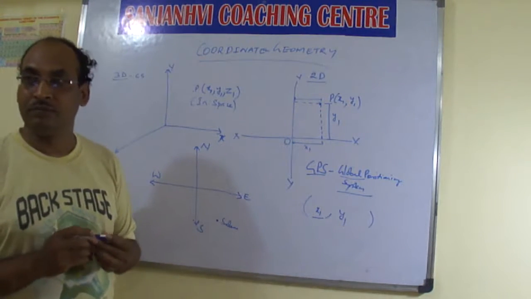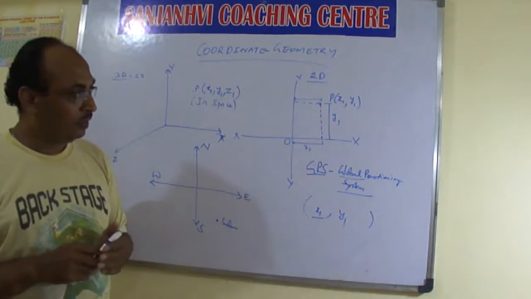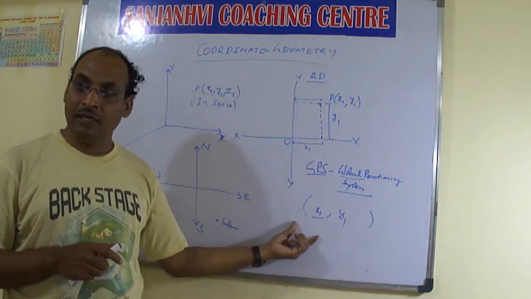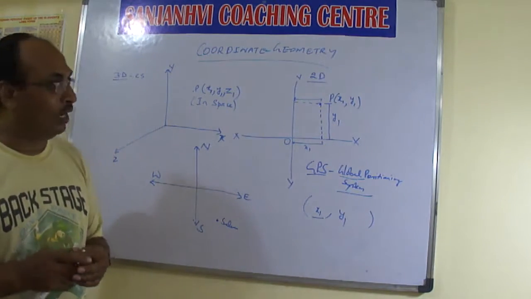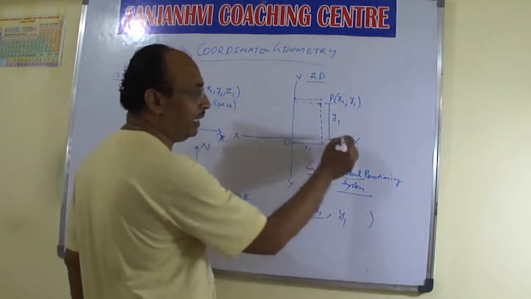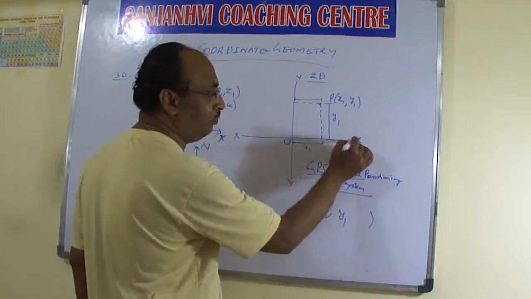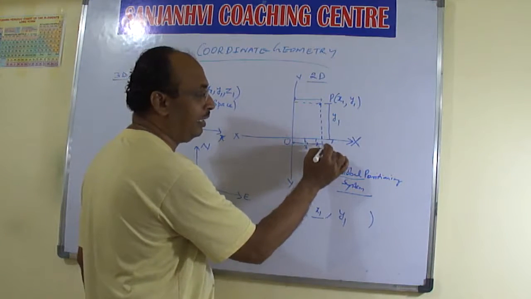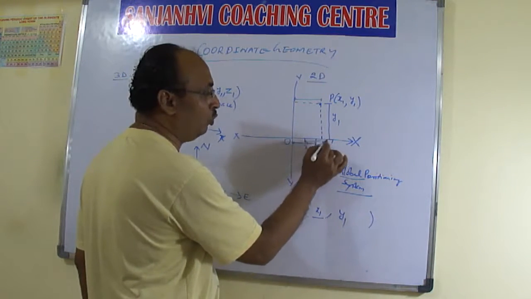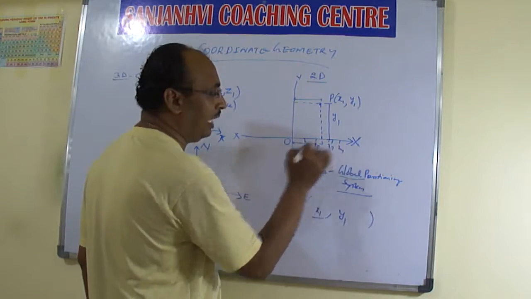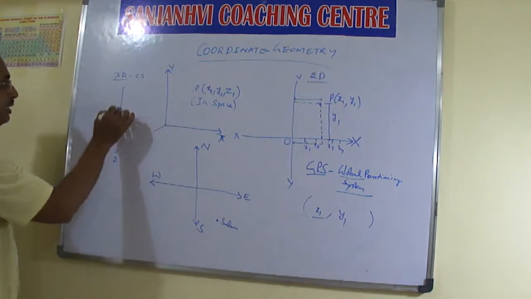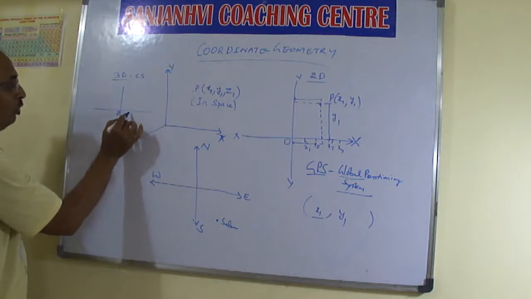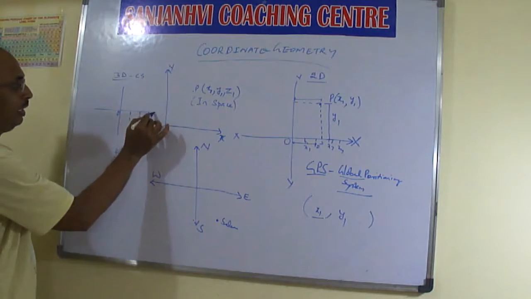Why are we putting 1 in x1? Because the x-axis is the main one. Here x1 is there, and then x2, x3, x4, like this. When we are drawing a coordinate system, we mark 0, 1, 2, 3, 4.